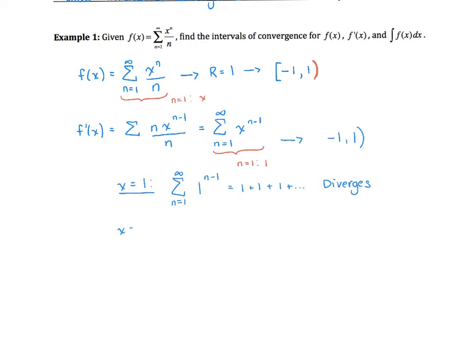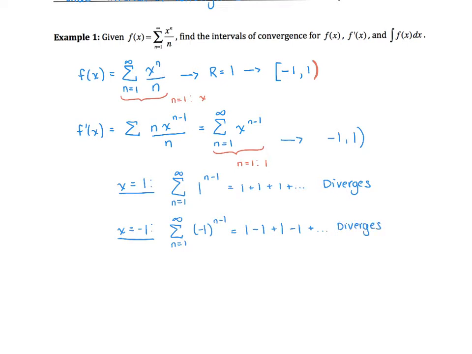So let's check x equals -1. When we do that, that's going to give us -1 to the n minus 1, which is -1 to the 0. So 1, -1, +1, -1, plus and so on. Oh, that diverges too.